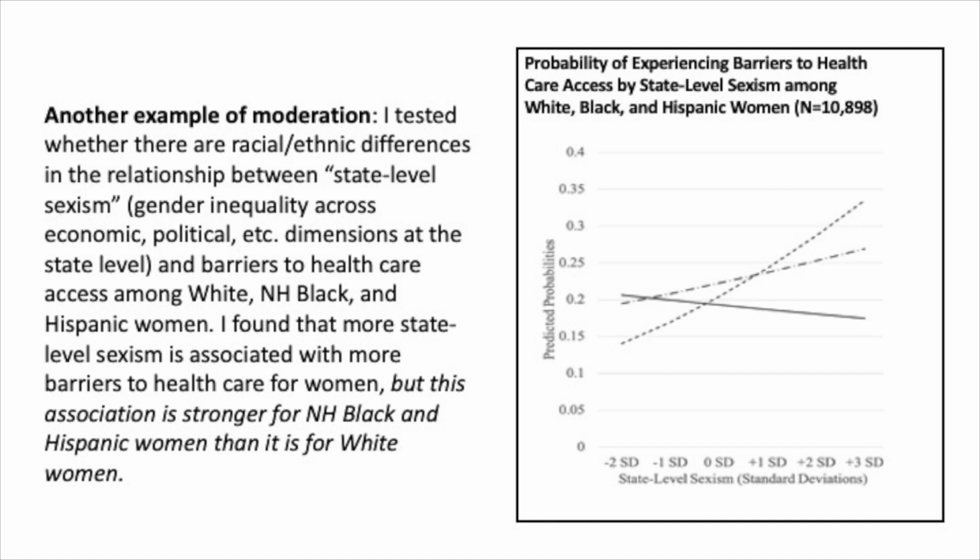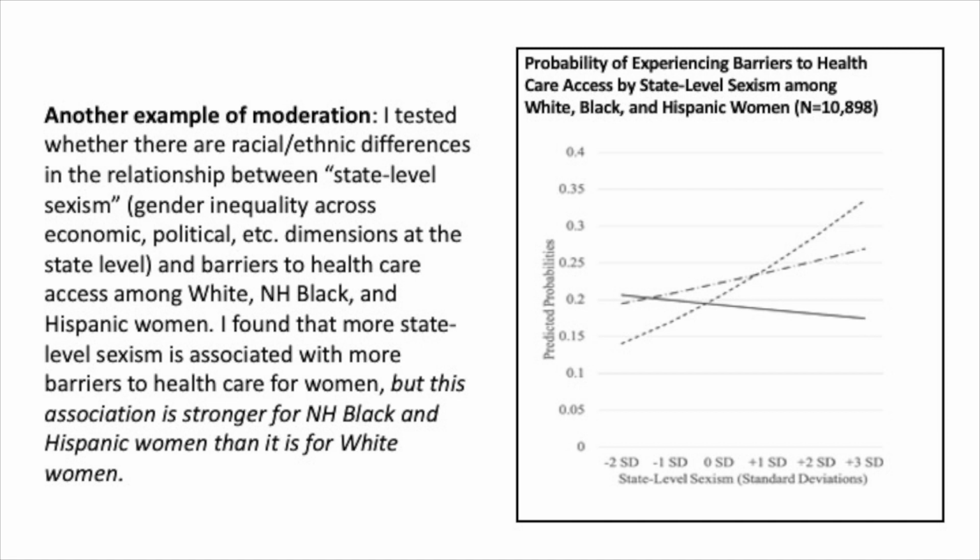And then our moderator in this particular paper was race and ethnicity. So we wanted to see if the relationship between state-level sexism and barriers to healthcare access differed depending on women's race and ethnicity. And we compared white women, non-Hispanic Black women, that's what NH stands for, non-Hispanic, and Hispanic women. Those are the three groups that we looked at.